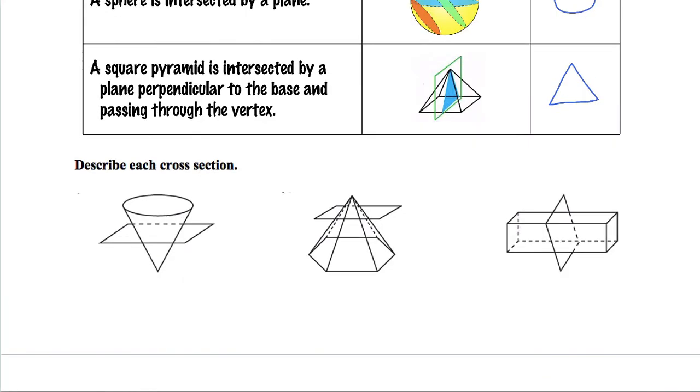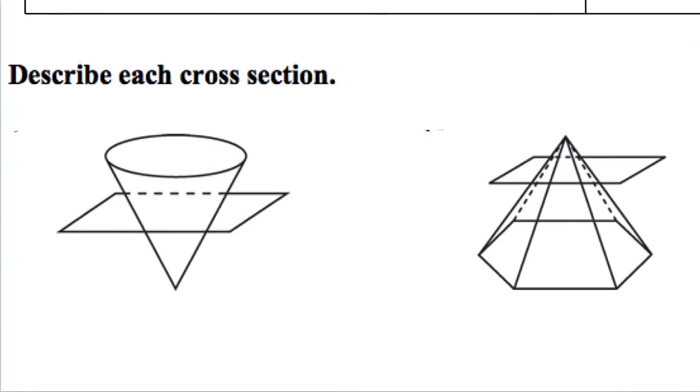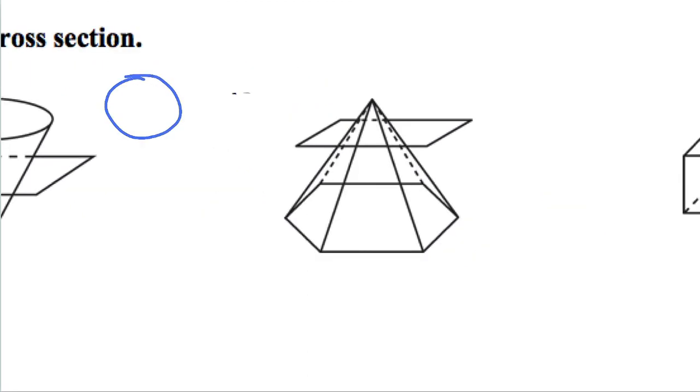So describe each cross section. If I take a cone and slice it parallel to the base, I'm going to end up with a circle. Here I have a hexagonal pyramid, so if I slice it parallel to the base, I'm going to end up with a hexagon.